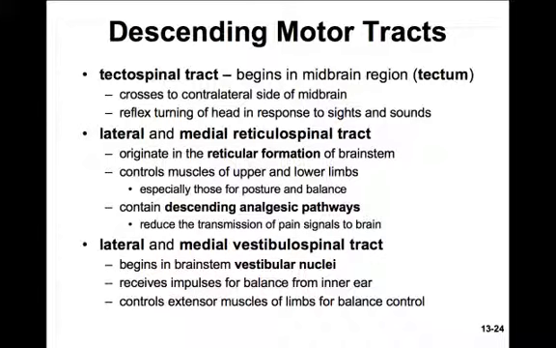These control the extensor muscles of the limbs for balance and control. So again, there's tons of information here about the various different tracts. You're off the hook for knowing what each of these tracts do, but do understand the major differences between the ascending and descending motor tracts in the spinal column.